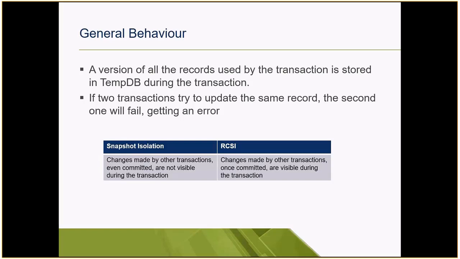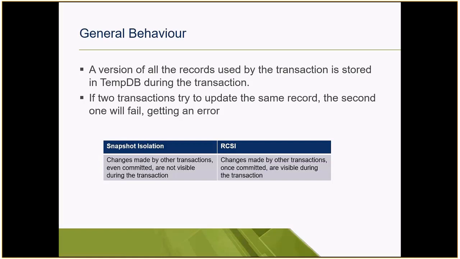Not exactly the snapshot isolation level, but an isolation level based on snapshots. That's what RCSI is: the read committed isolation transformed into a snapshot isolation automatically by the database configuration.